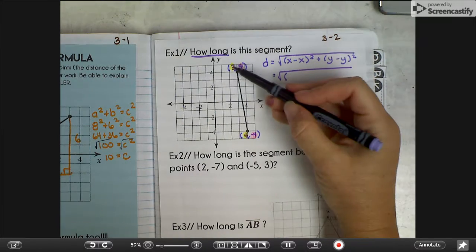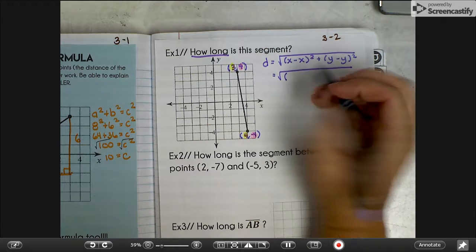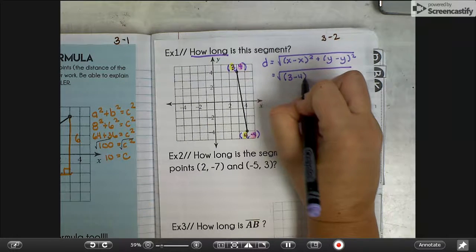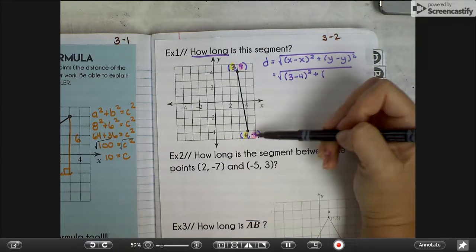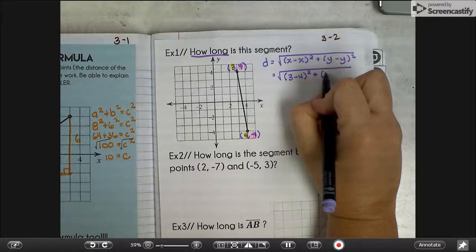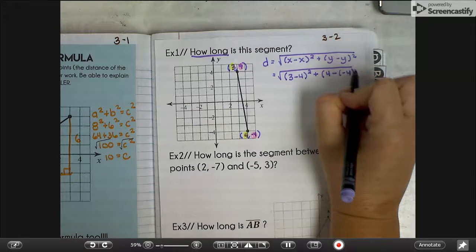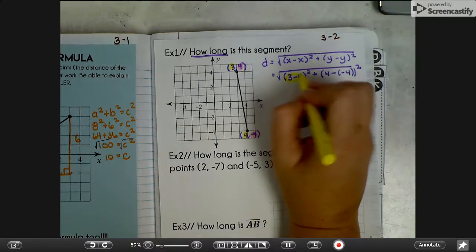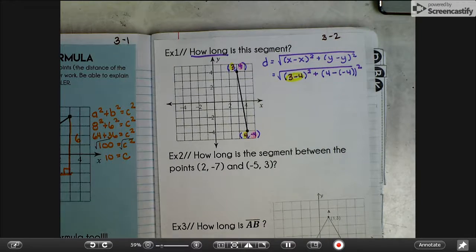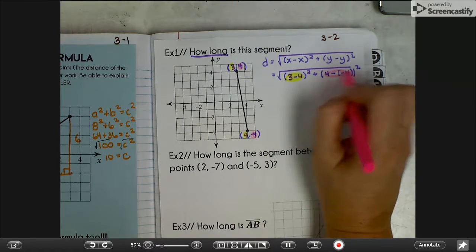So x is 3 minus 4 squared plus y's 4 minus negative 4 squared. So the x's were the yellow numbers and the y's were the pink numbers.